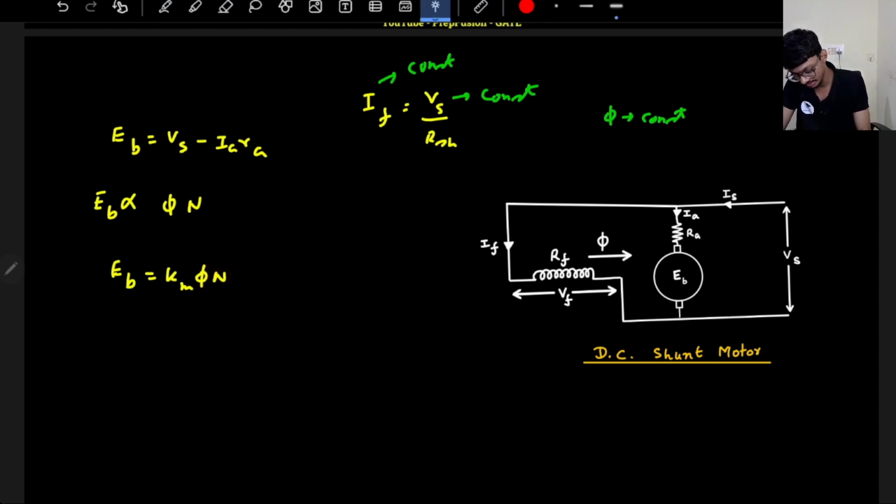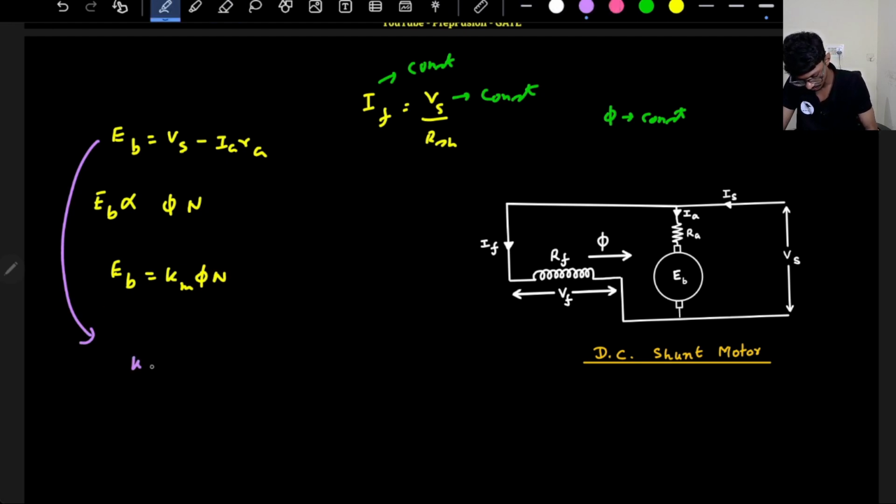So ultimately this equation will be Km phi N equals Vs minus Ia Ra. Vs is just a constant value, Ia is the load current.